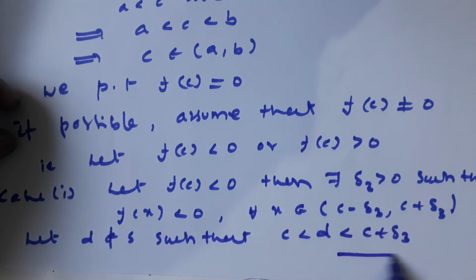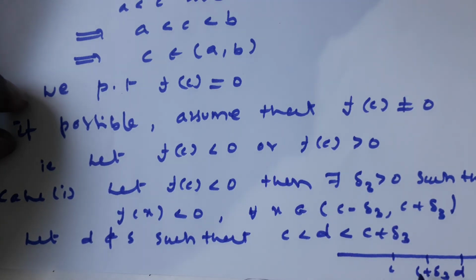So here is C and here is C plus delta 3, and this side is D. This side is C minus delta 3, and this is the right side of D, C plus delta 3.